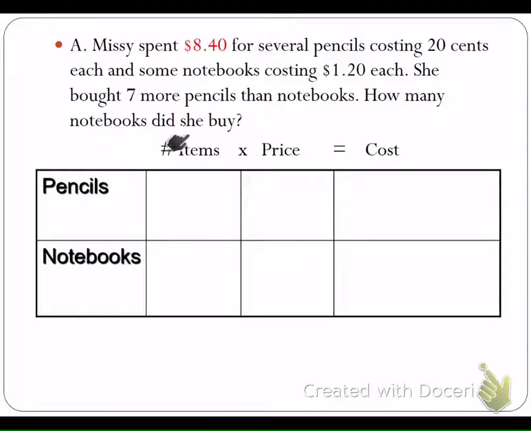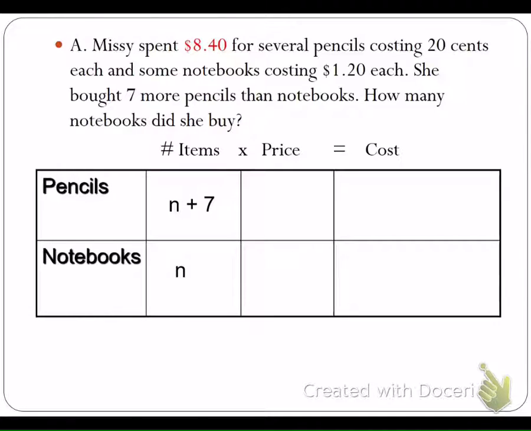So I'm going to put my variable right here. Now, what do I know about the number of pencils? 7 more than notebooks. So if n is notebooks, 7 plus n is the number of pencils. Okay? Questions on that column?